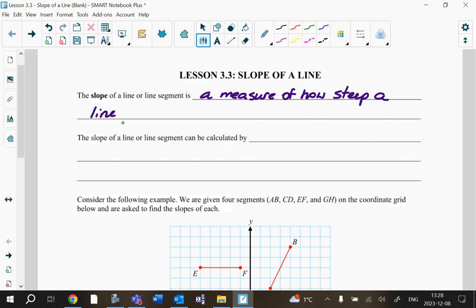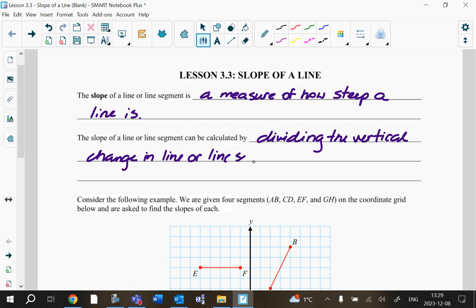And to find this measure, it can be calculated by dividing the vertical change in the line or line segment by its horizontal change.